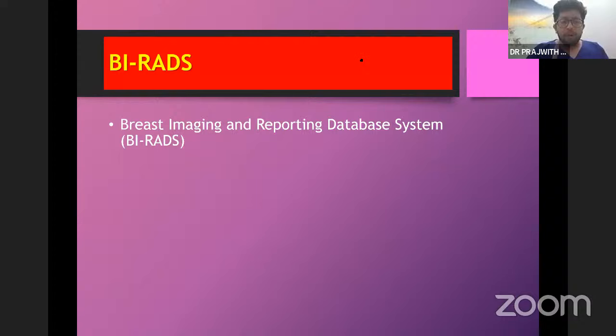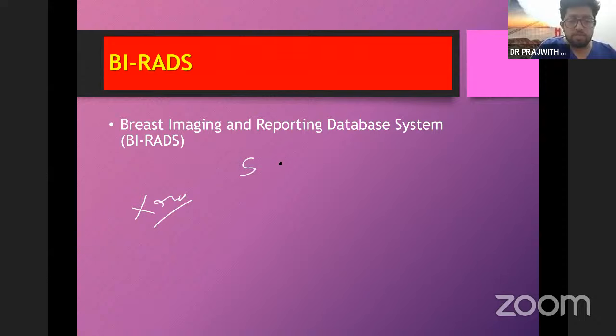BIRADS is a reporting system that has been started for standardizing breast imaging. BIRADS just means Breast Imaging Reporting and Database System. This is there for X-ray mammogram, sonomammogram or ultrasound, or it can be for MR mammogram.